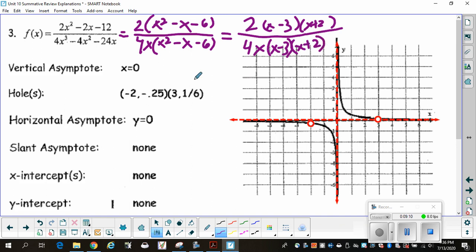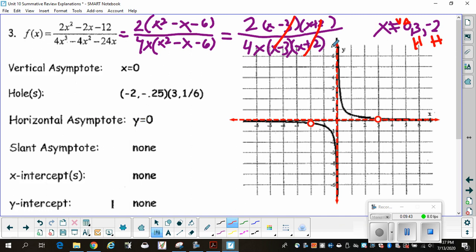All right, so now I know that my restricted values, x cannot equal 0, 3, or -2. And then I know that the x minus 3's cancel and the x plus 2's cancel. So therefore, at 3, I have a hole, and at -2, I have a hole, and at 0, I'm going to have a vertical asymptote.